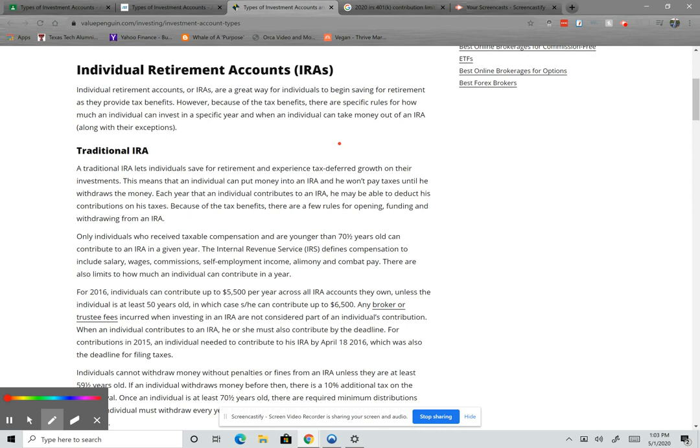There are two types. There's the traditional, and then later on, we'll talk about the Roth. Okay. So traditional accounts first, it is pre-tax money that you're putting in. Pre-tax money, and then the money grows tax-free as well.